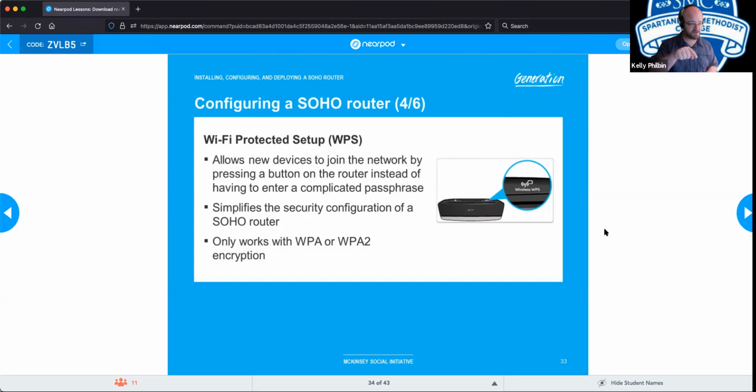Type that into your web browser and it'll take you to your router. Based on who you have, whether it be Comcast, AT&T, or whatever, you can Google the default passwords for your router, and they'll tell you. It's probably going to be admin, and then the password is likely password, or PASSWD.